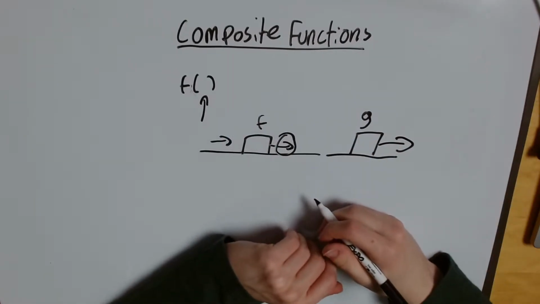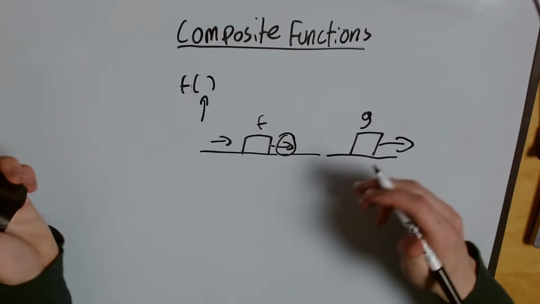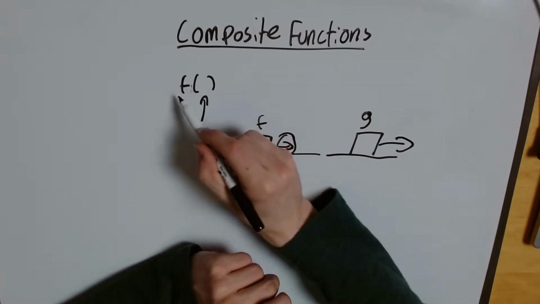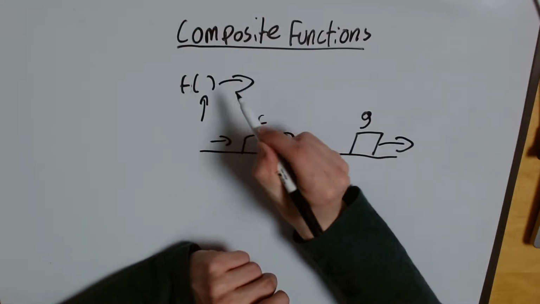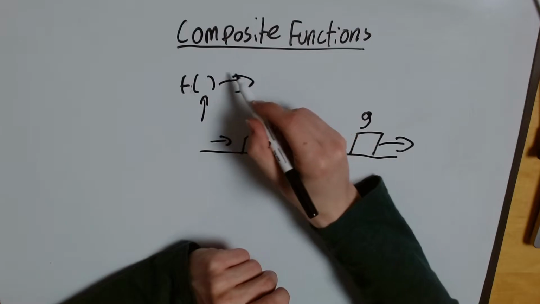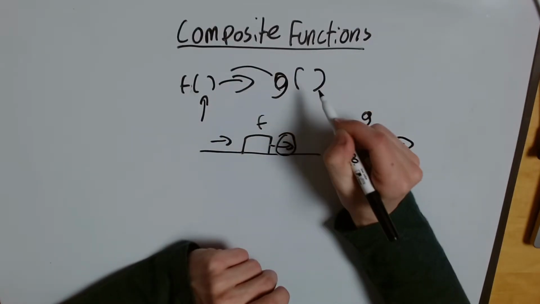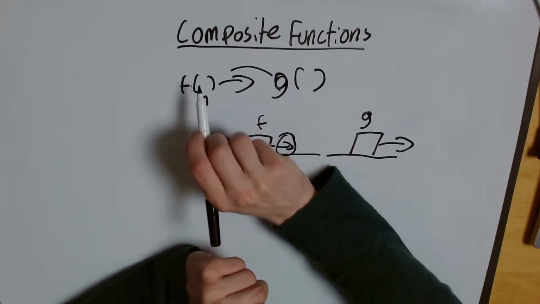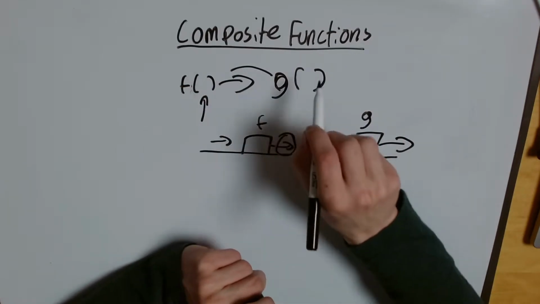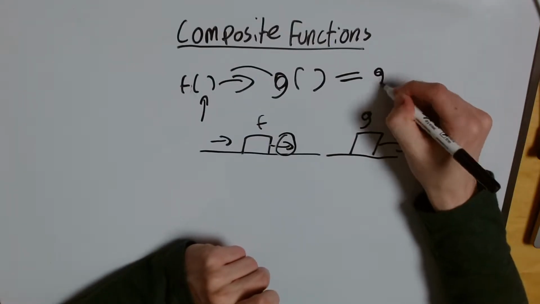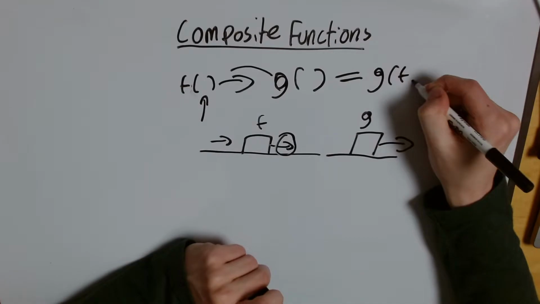In more algebra-friendly terms, we take f of x and put the output of that into g. We have an input, we put it into f, we take that output, we put it into g, and our output is g of f of x.